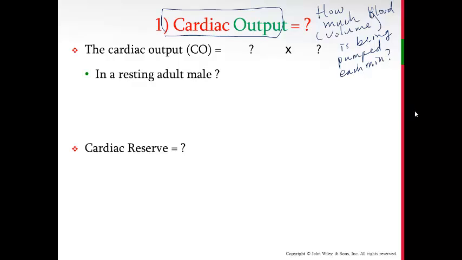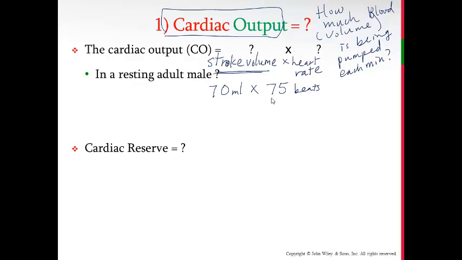The cardiac output depends on two factors: one is the stroke volume, and it also depends on the heart rate. So stroke volume in a resting adult male is about 70 mL each beat being pumped from the heart, and the heart rate is 75 beats per minute.